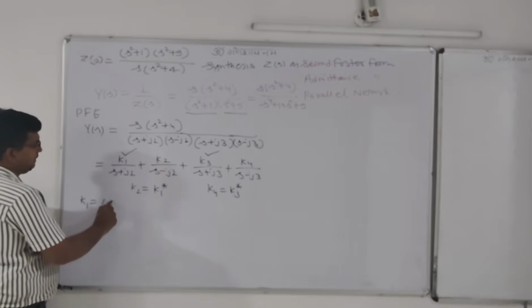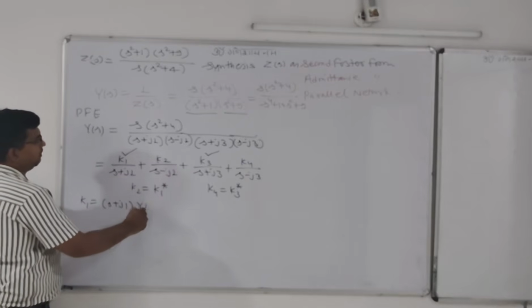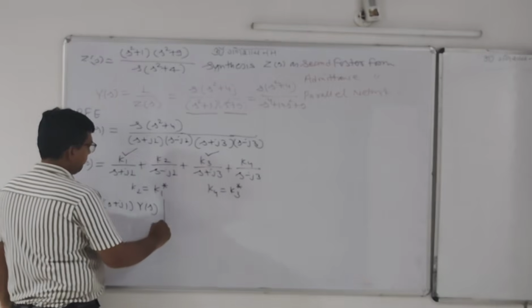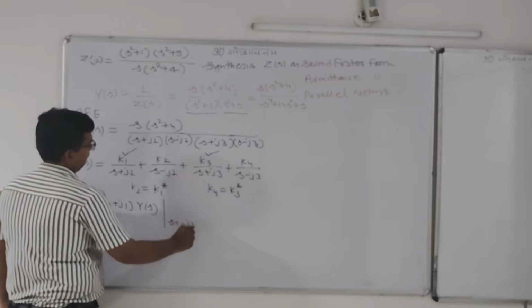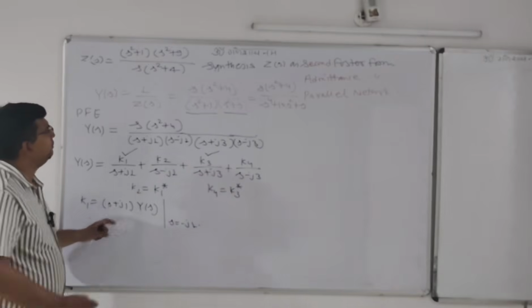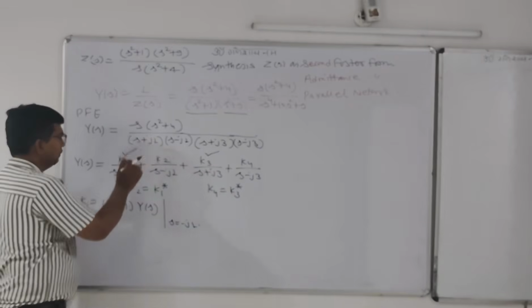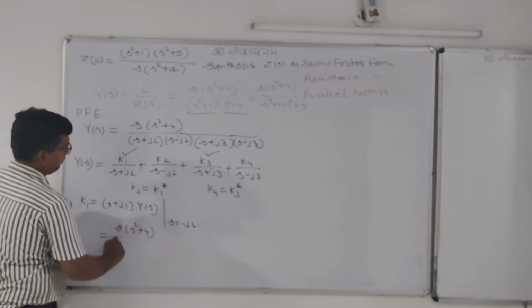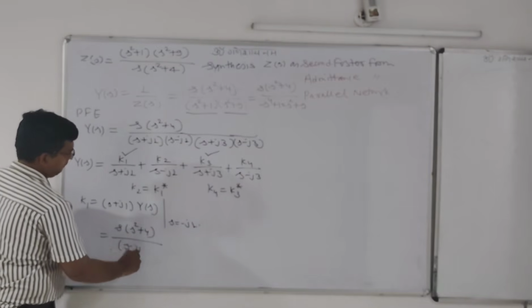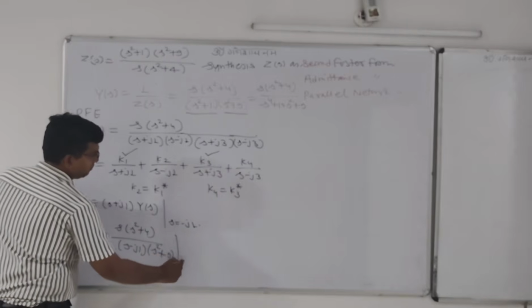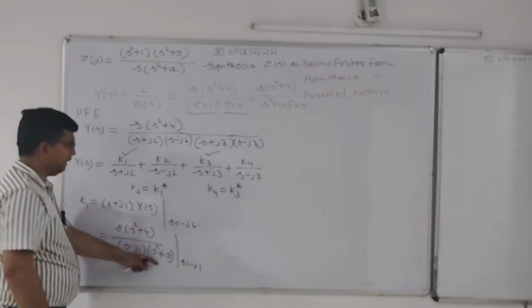Multiply our function Y(s), on the left hand side, by the factor s plus j1, and put s equals minus j1. When we multiply by s plus j1, this term cancels out. What is the remaining term? s into (s square plus 4) upon (s minus j1) into (s square plus 9). For simplicity I am writing s square plus 9 so that the calculation becomes simple.